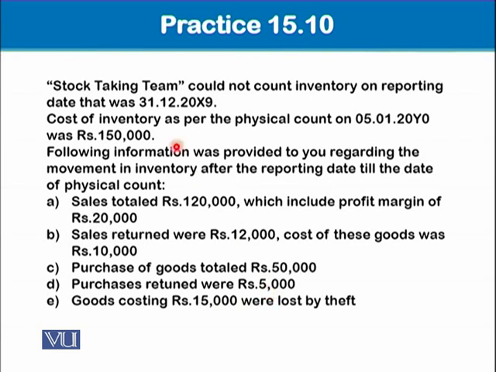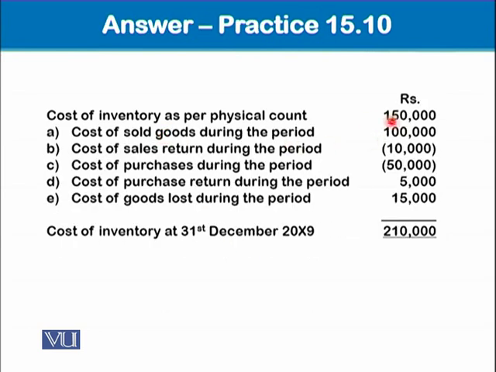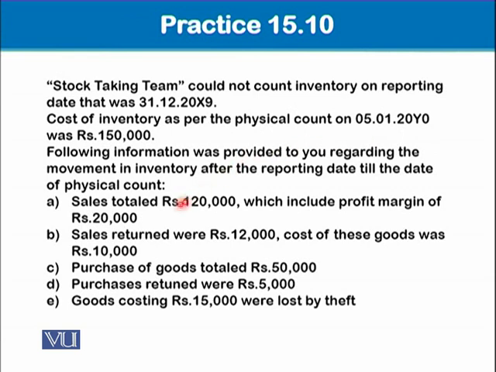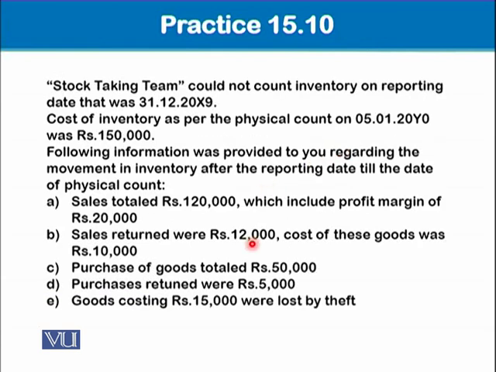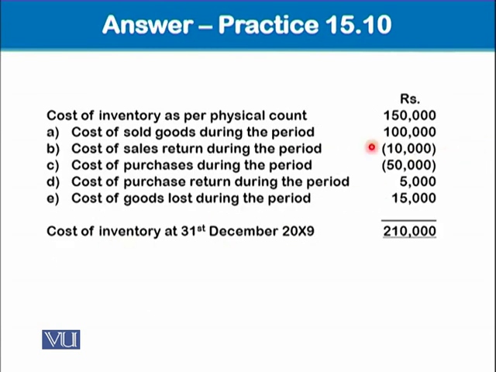Now we will pick up this amount, 150,000, and place it here. The cost of goods sold during the period will be added back: 120 minus 20 gives the cost. Then the cost of sales return during the period, 10,000: 12,000 was the selling price and 10,000 is the cost of the goods returned, so we subtract 10,000. The cost of purchases during these 5 days, this is the amount we purchased, we will subtract.